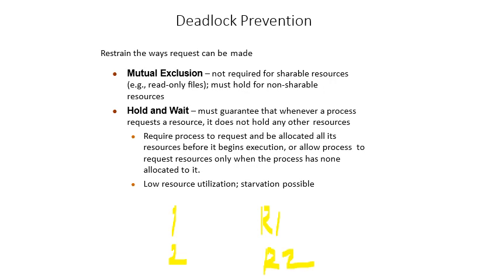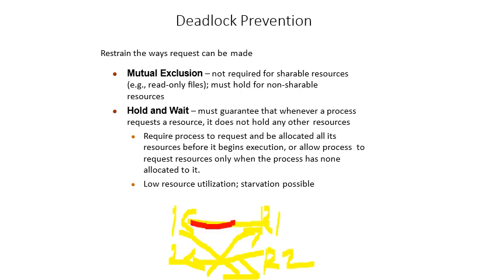Process 1 is holding resource 1, it is in its hand, and it is requesting resource 2. Resource 2 is not empty; it is held by the other process, process 2. The same happens with process 2: it is holding R2 and requesting R1. This is called hold and wait.